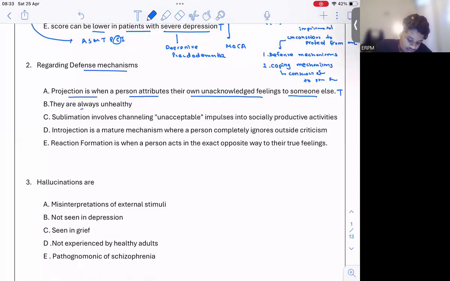They are always unhealthy. As I mentioned earlier, these defense mechanisms and also coping mechanisms can be either unhealthy or healthy. There are some healthy defense mechanisms like sublimation. Likewise, there are both healthy and unhealthy mechanisms. So "they are always unhealthy" should be taken as false.